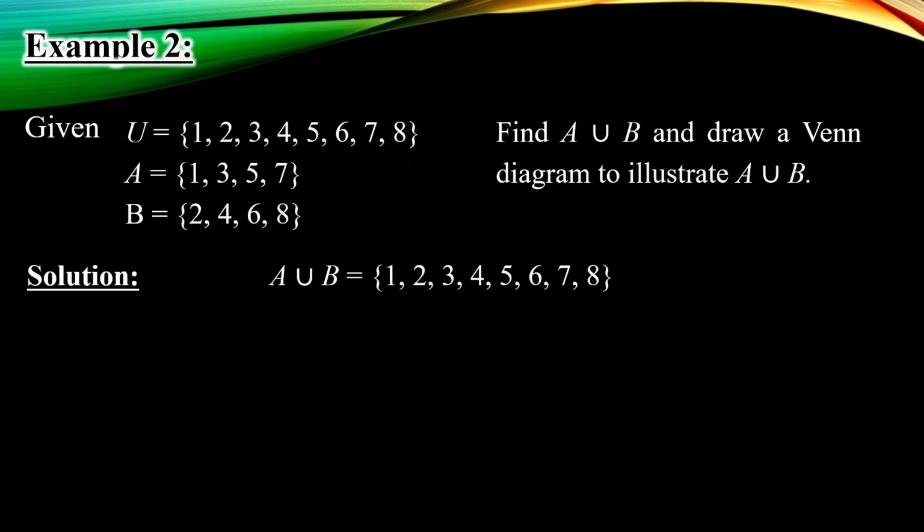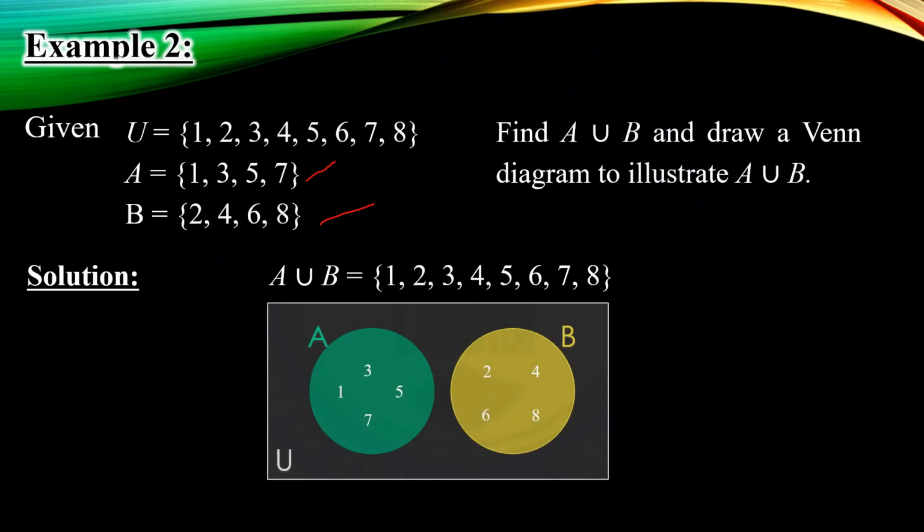A union B contains 1, 2, 3, 4, 5, 6, 7, 8 since we consider all the outcomes in both set A and set B. And here is the illustration.